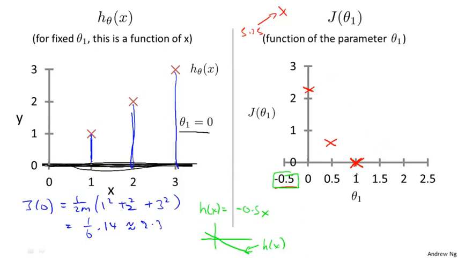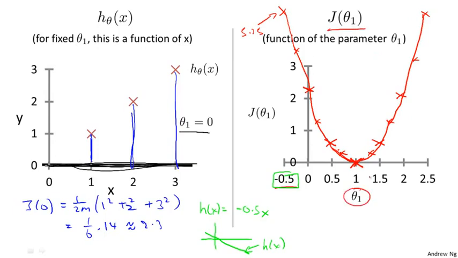And so on. For different values of theta 1, you can compute these things, and you compute a range of values, you get something like that. And by computing the range of values, you can actually slowly trace out what this function J of theta looks like. And that's what J of theta is.